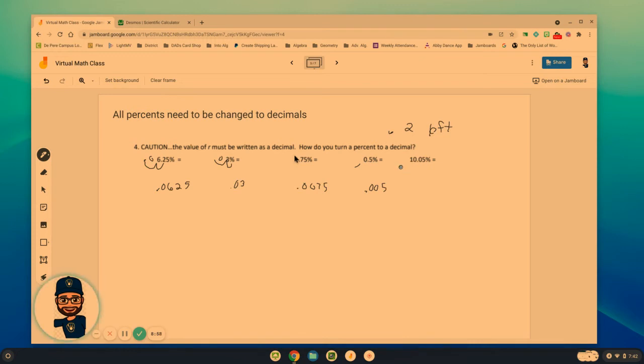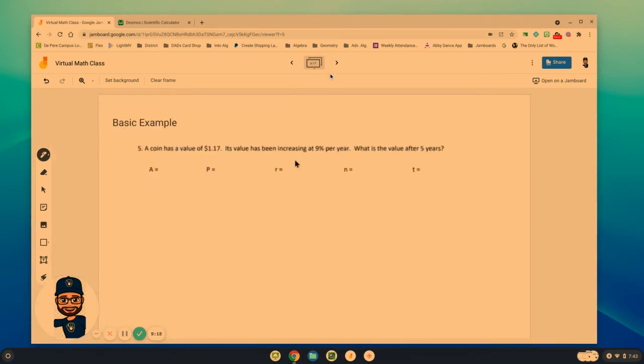And then 10.05%, if I move it backwards twice, will be 0.1005. And those are the things we need to understand how to use as a decimal for our percentage or the rate. So let's try a basic example of what this looks like, okay?